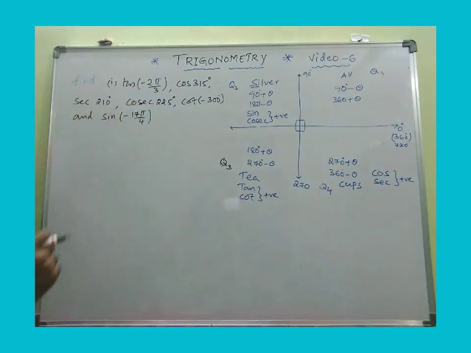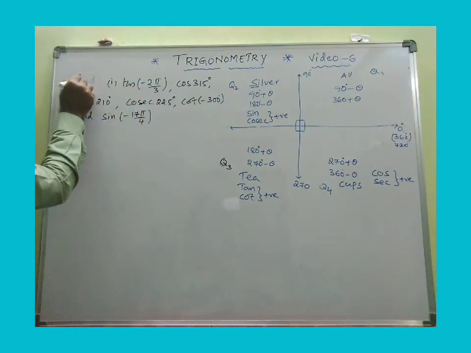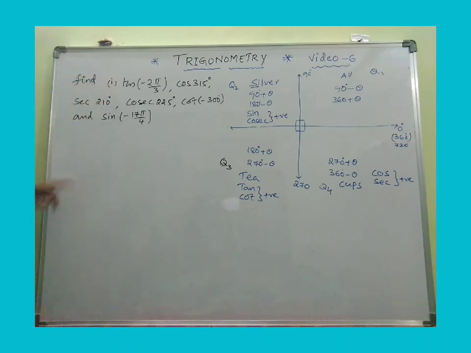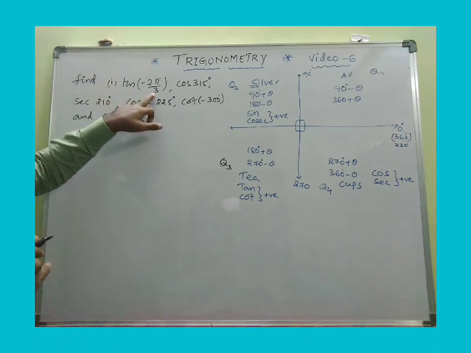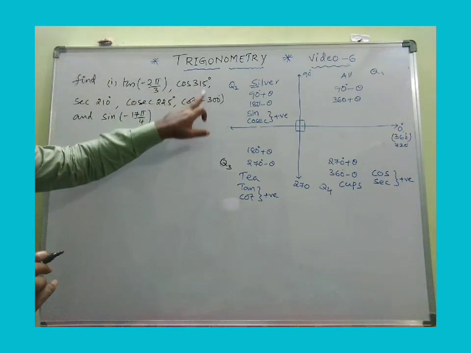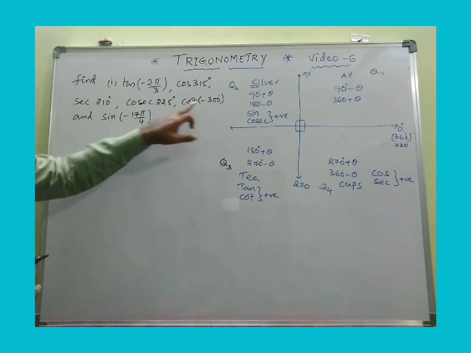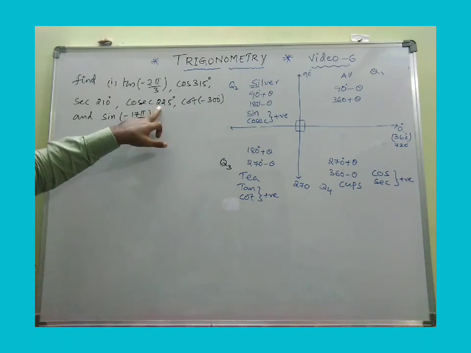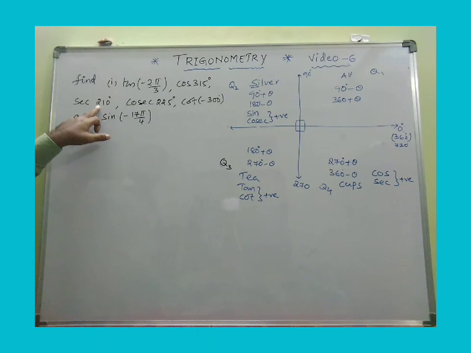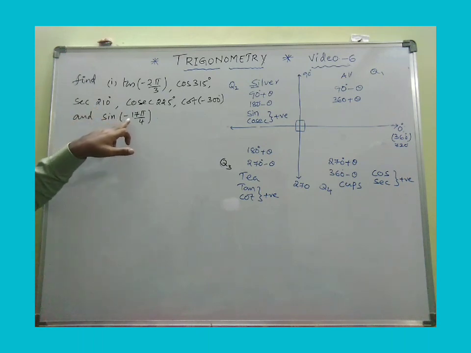For example, look at this question: we need to find tan of minus 2 pi by 3, cos of 315, cot of minus 300, cosecant 225 degrees, secant 210 degrees, sine of minus 17 pi by 4. These are not the standard angles we discussed earlier, but even so, using this concept, we can easily find them.